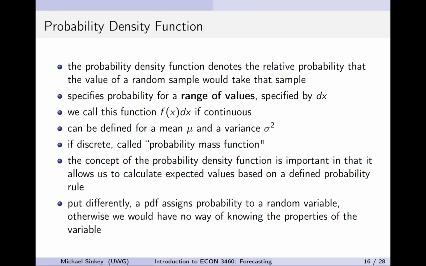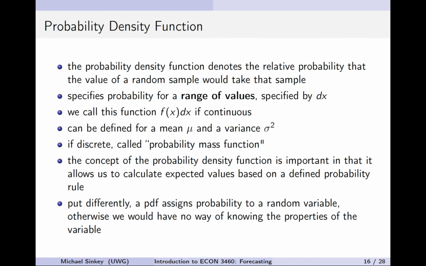How likely is it that you have something less than or equal to a particular outcome? So if you think about it, when we had the discrete random variable where 0.1 was the probability of 1 and 0.7 was the probability of 2 and 0.2 was the probability of 4, 0.8 was the CDF for 2.